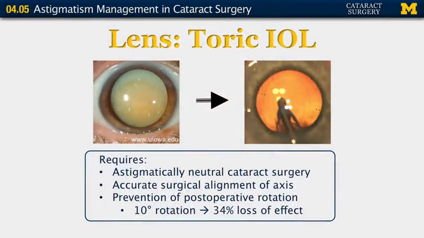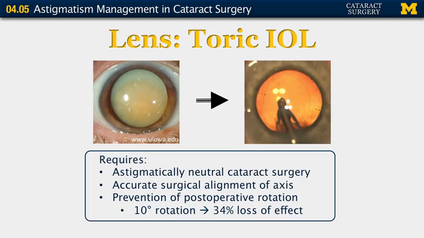And finally, we can actually treat corneal astigmatism with the lenses that we implant into the eye at the time of cataract surgery. In general, planning for a toric intraocular lens that corrects the corneal astigmatism requires an astigmatically neutral cataract surgery, or at least good knowledge of how much astigmatism you induce with your cataract surgery.